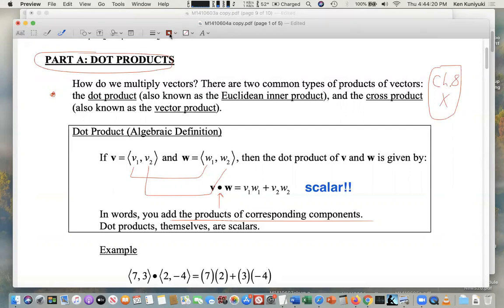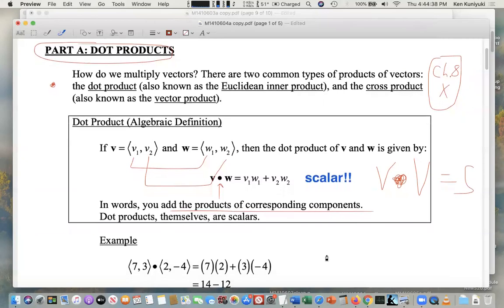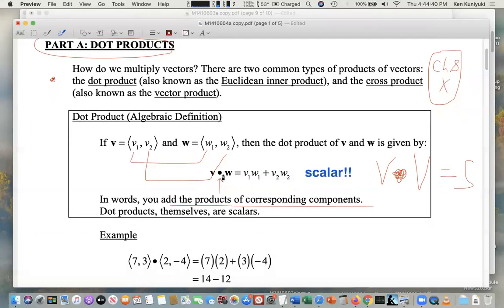So you could write it like this: a vector, big dot, vector gives you a scalar. Remember that. Assuming these are compatible, and they will be compatible in our class. These will be vectors in the plane, not 3 space. Although you could take the dot product between two vectors in 3 space, but they have to be compatible.